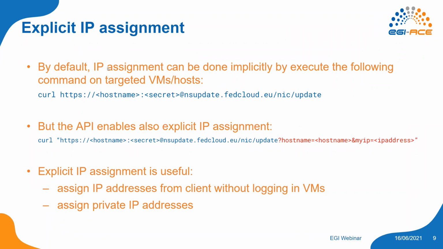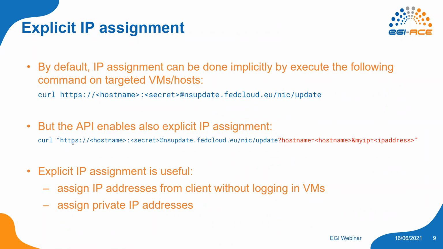By default, you can assign an IP address to the hostname implicitly by executing the command on the target virtual machine, like that: curl https, hostname, secret, and nsupdate.fedcloud.eu, then update. But the API also supports explicit IP assignment.